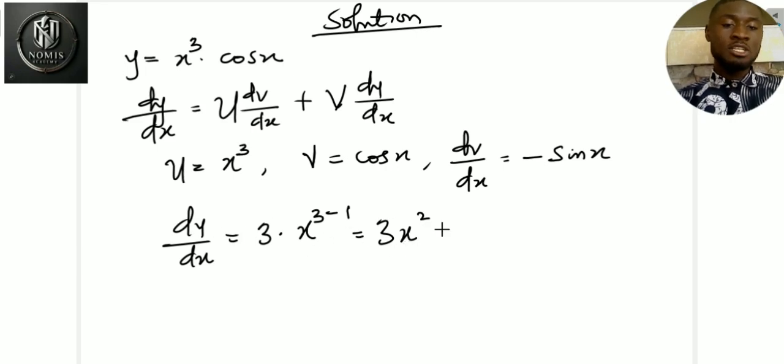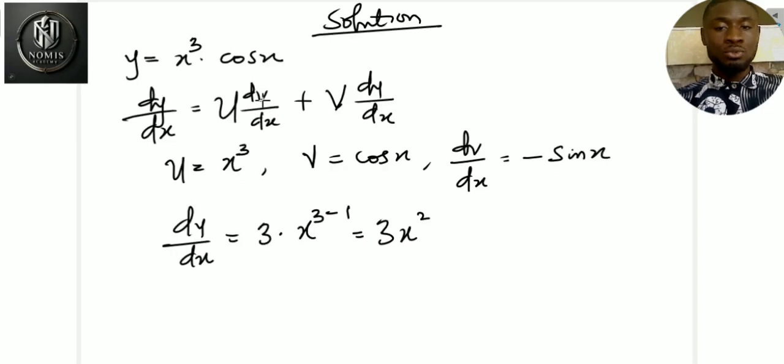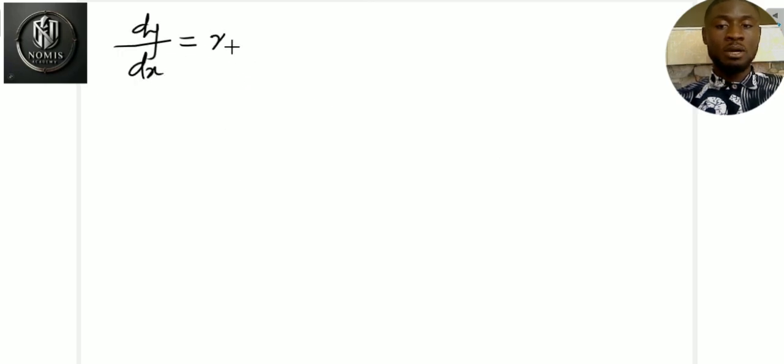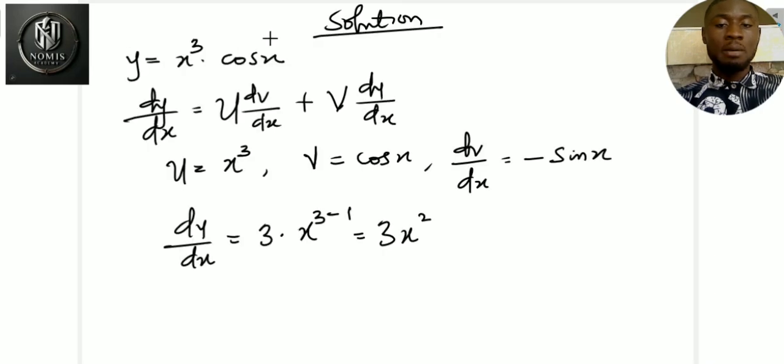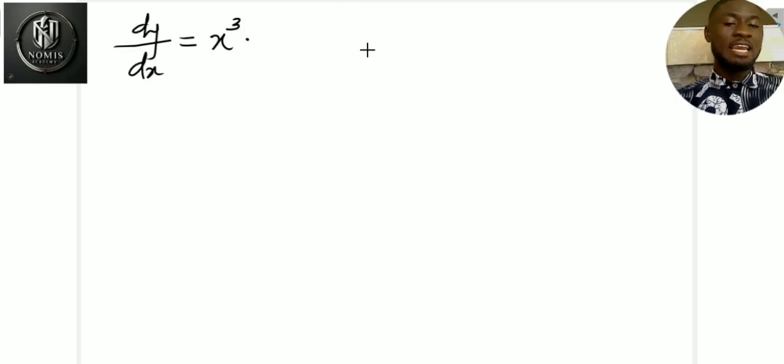Now, let's put them back into the original formula. That is to say dy/dx is equal to u. What is our u? Remember, the u is x raised to the power of 3. So x raised to the power of 3 multiplied by the dv/dx. When we differentiate v, we get minus sine x.